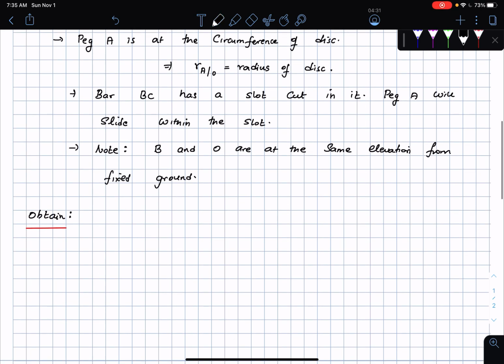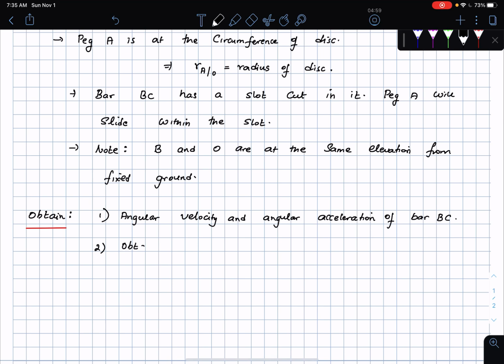So what do we need to obtain? First thing is the angular velocity and angular acceleration of the bar BC. And the second thing, let us find the velocity and acceleration of A relative to the bar BC.